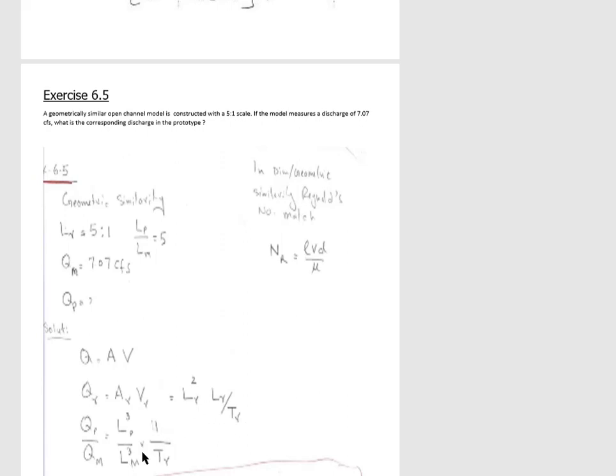So LR is actually LP over LM, which is in the cube, because LR one and LR two is making the cube, and this is 1 over TR. Now this is actually LR cube. What is LR? This is 5, LP over LM, or LR is this one. So I can write this LR cube, right?